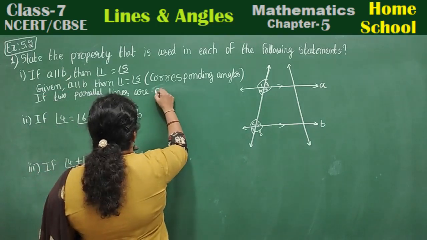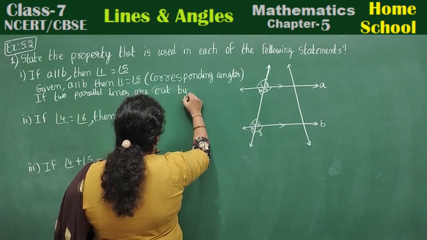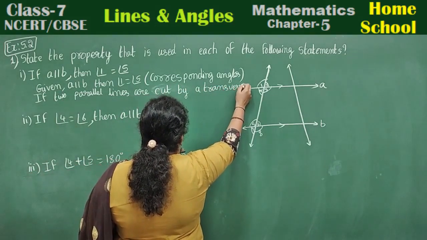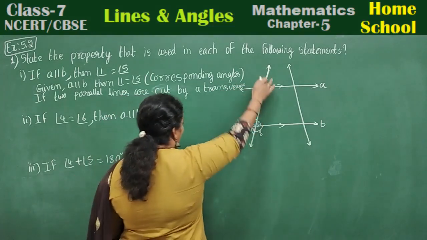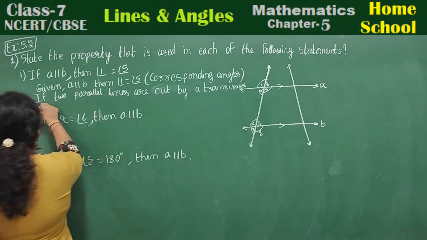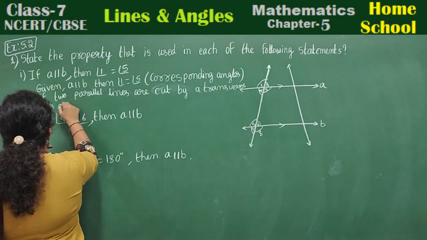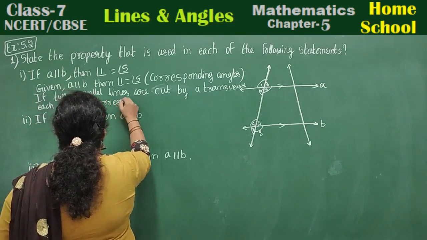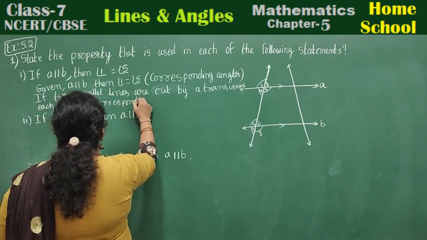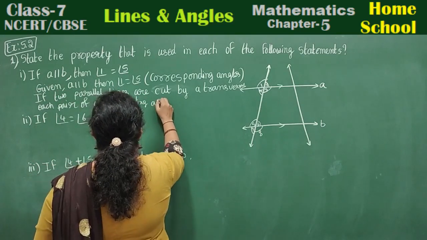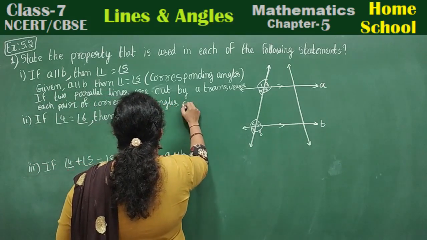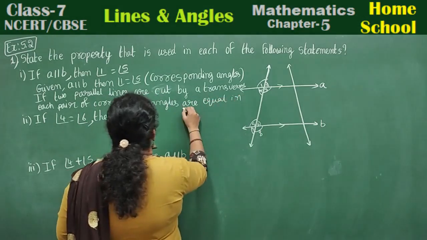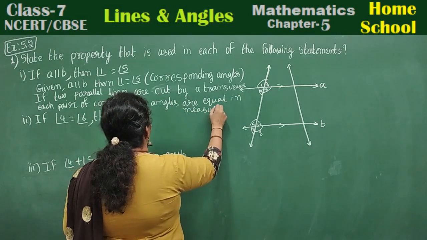If two parallel lines are cut by a transversal, look here, these two parallel lines are cut by a transversal, then each pair of corresponding angles are equal in measure.